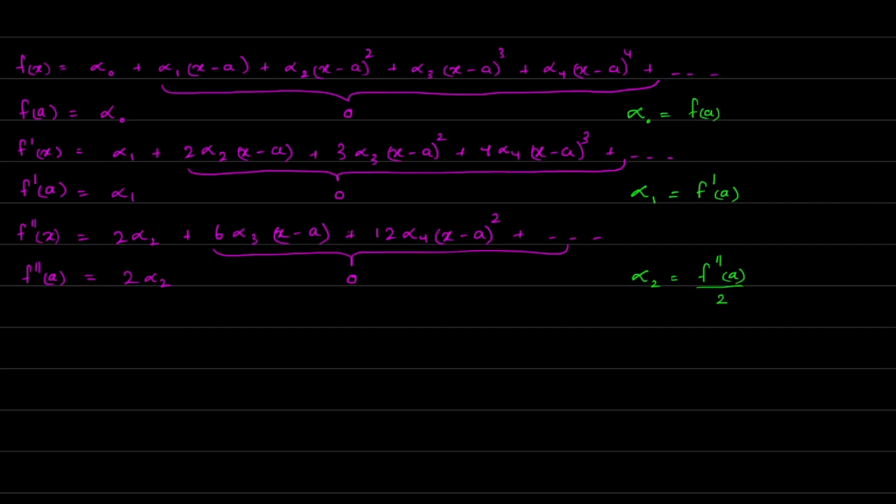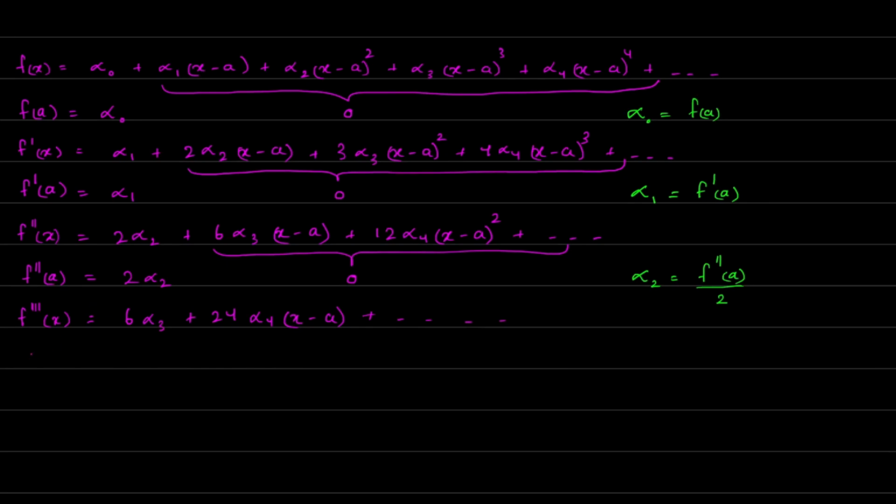And now just to observe the pattern in these coefficients, let's take another derivative. f'''(x) is equal to 6 alpha 3 plus 24 alpha 4 (x minus a), and that continues.